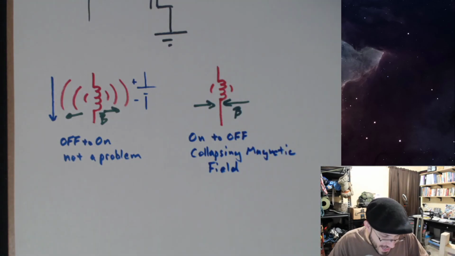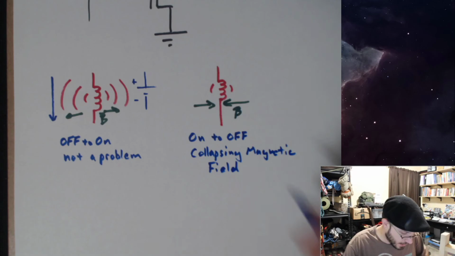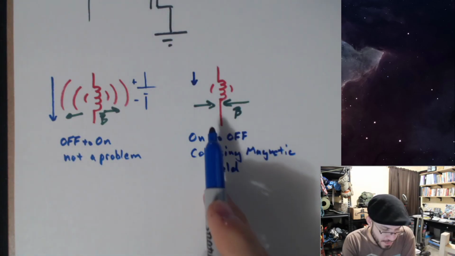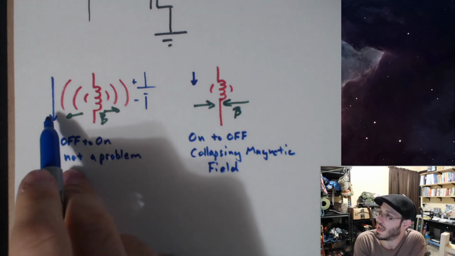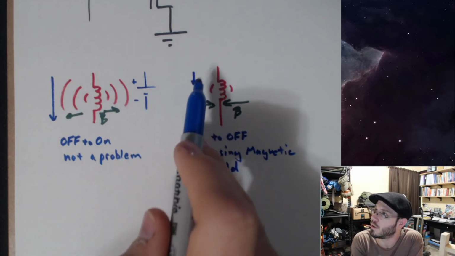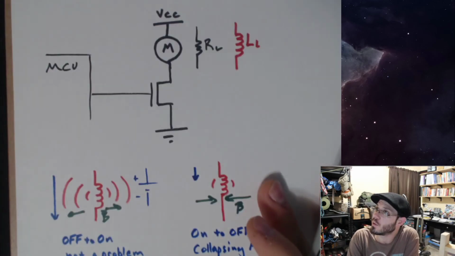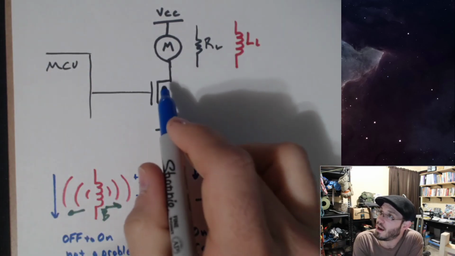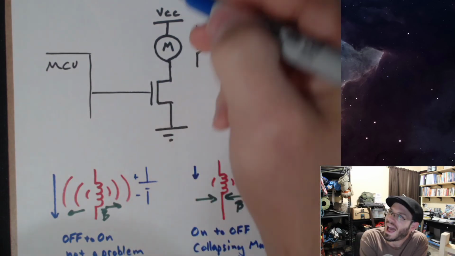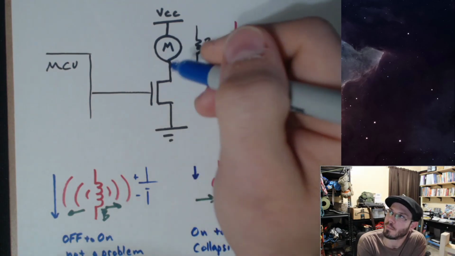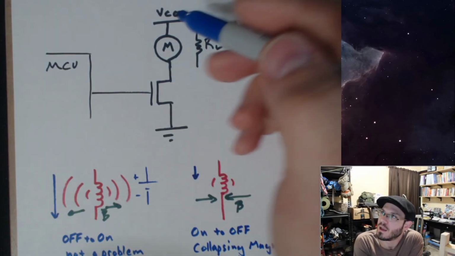Now, when we get a collapsing magnetic field, it's because we went from a situation that had more current going through it, and now we're going to a situation where we had much less current going through it. In other words, we switched the MOSFET off, but we had current flowing through this. That's exactly what happens when we turn this MOSFET off.